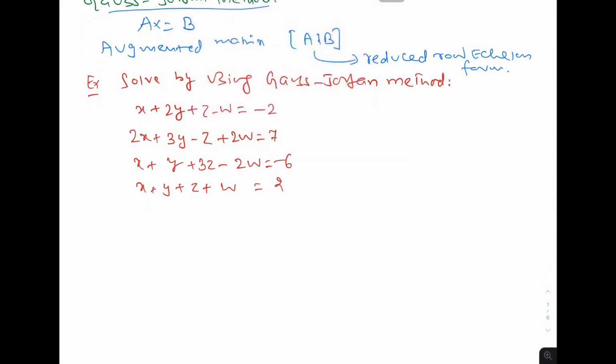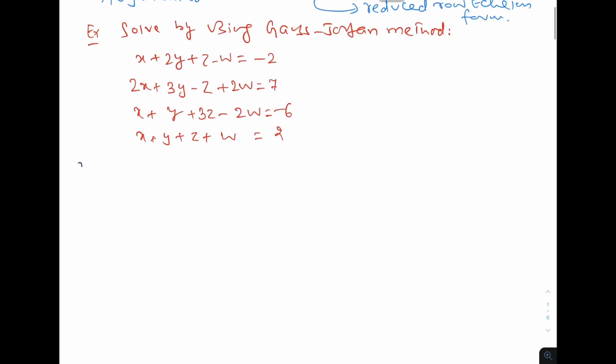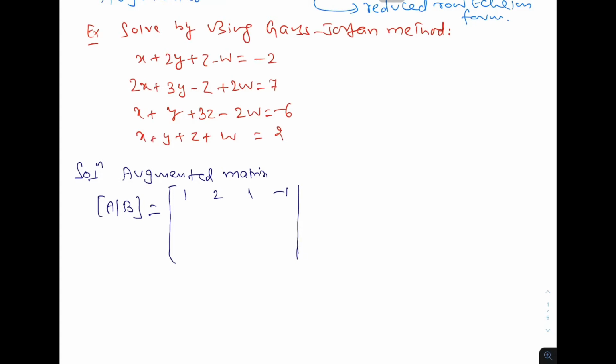So let us solve this. So the augmented matrix is, so that's easy to form now from the equations. So this is 1 2 1 minus 1 and minus 2 from the first equation.